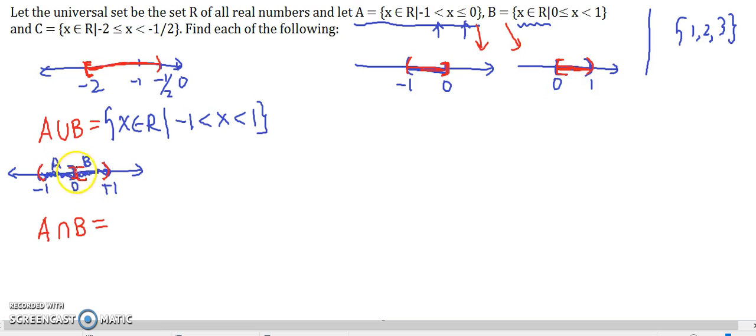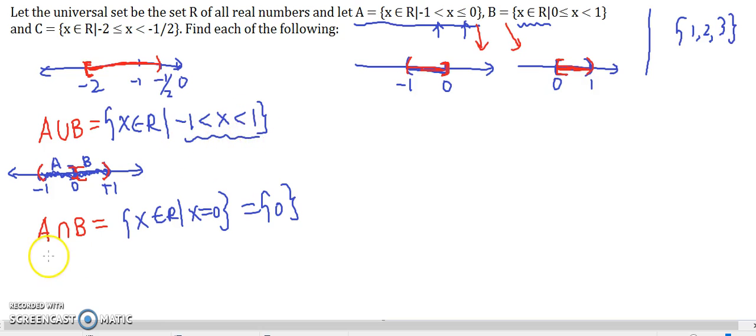As you can see, there's only one number that's in both ranges, and that's the number 0. We can still use this format, x equals 0, or you can just list 0 because there's only one number. We don't have to describe it, we can list it. Over here there are infinitely many of them, so I had to describe it.